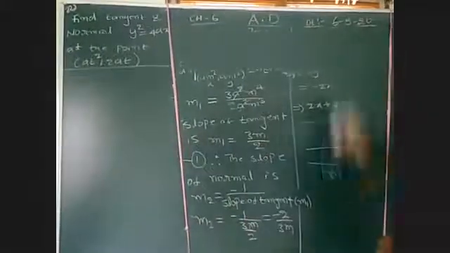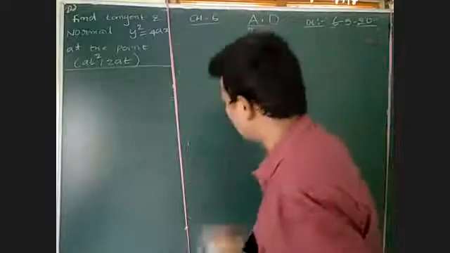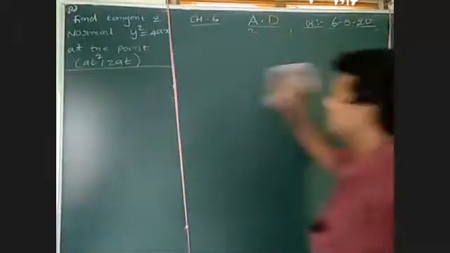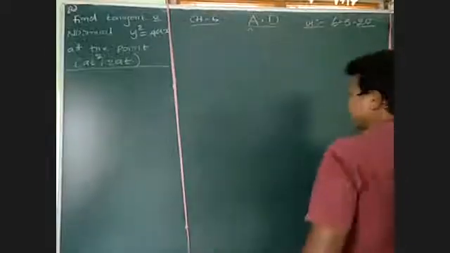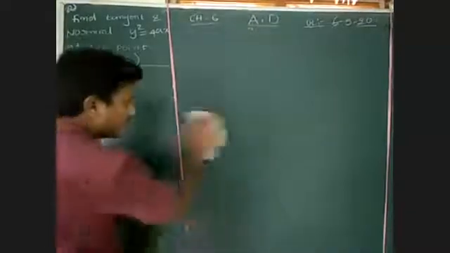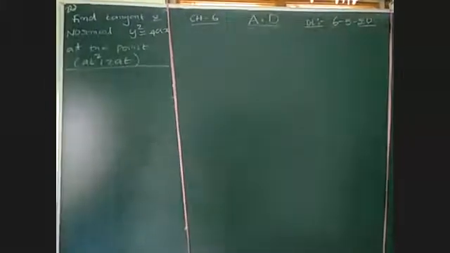What are the parametric equations of circle? R cos theta, R sin theta. Parametric equations of parabola is at square comma 2at, and parametric equations of ellipse is a cos theta, b sin theta, whereas hyperbola is a secant theta, b tan theta, right?